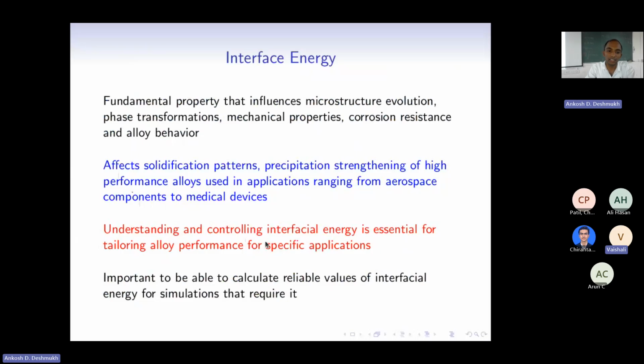It is also important to calculate a reliable value of interfacial energy, because the interfacial energy affects various other parameters during the simulations.